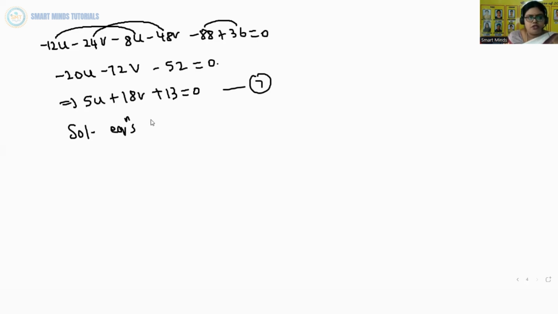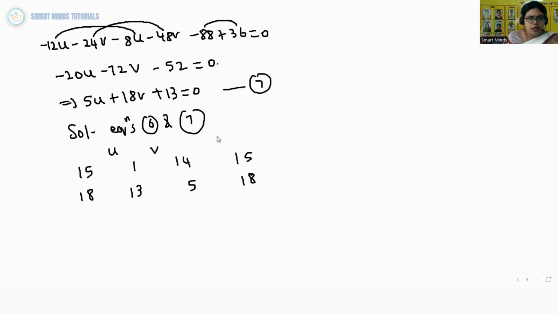Now solving equations 6 and 7. From the sixth equation I am taking 15, 1, 14, 15. Over here we take the v coefficient first, then the constant, then the u coefficient and then again the v coefficient. And over here we write u, v and 1.